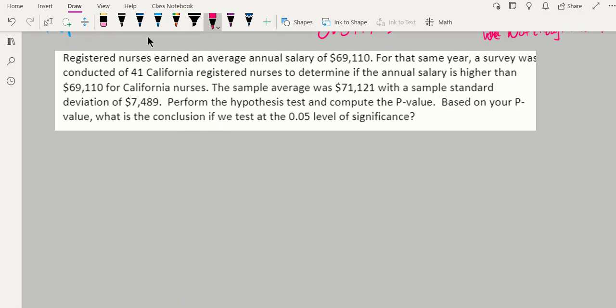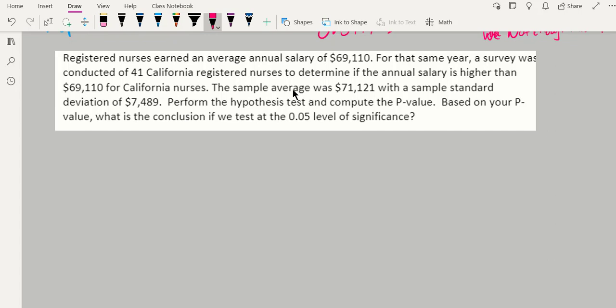It says registered nurses earn an average annual salary of $69,110. For that same year, a survey was conducted of 41 California registered nurses to determine if the annual salary is higher than $69,110 for California nurses.